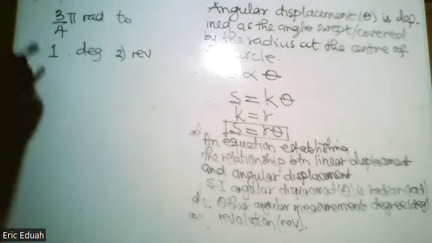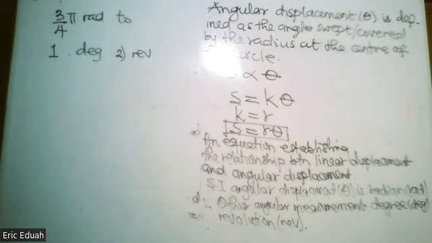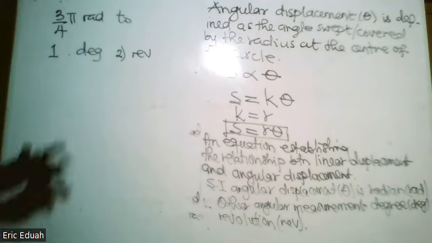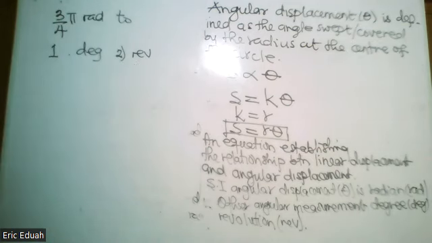We are converting 3/4 pi radian to degree and then to revolution.